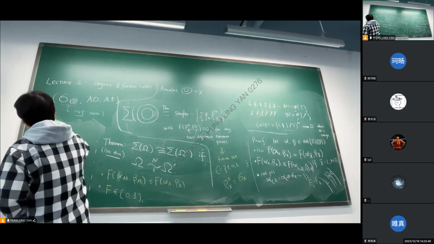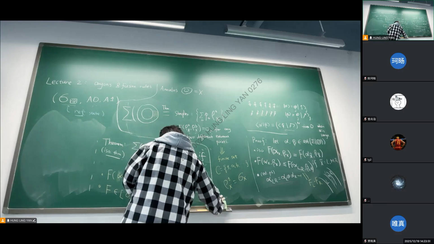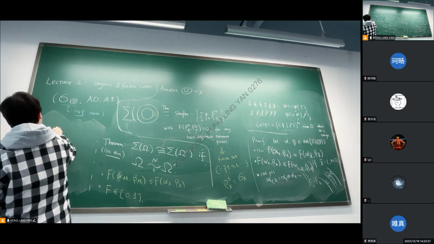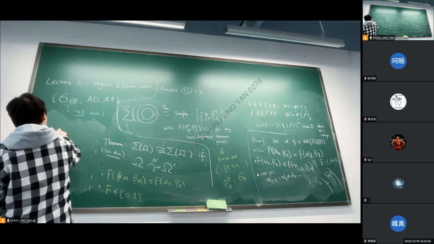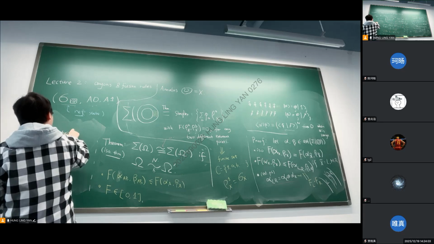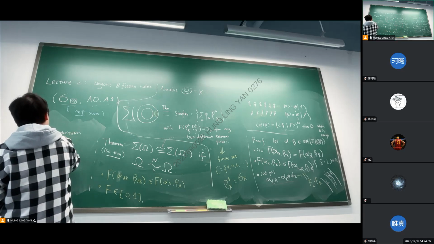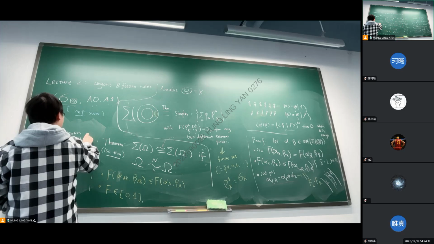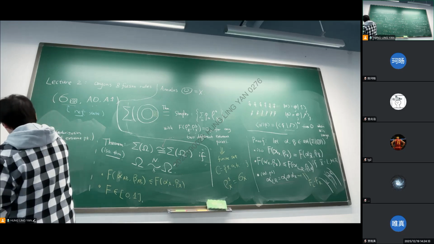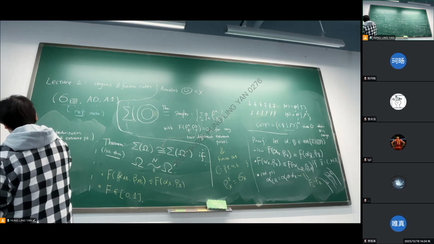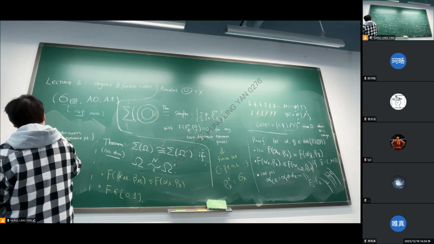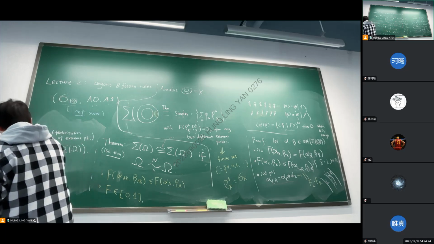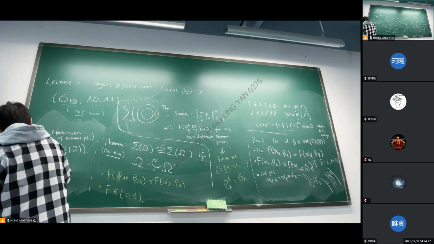But at least I want to tell you the more general result: the lemma, or the factorization property, the factorization of extreme points. It says that for any omega, if we take an extreme point of sigma omega, then the entropy is up to omega.